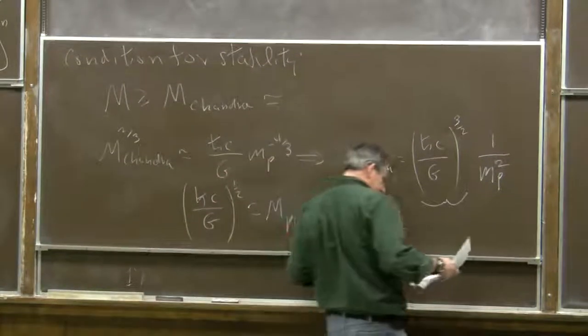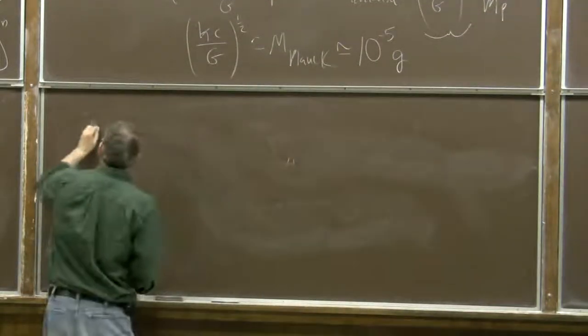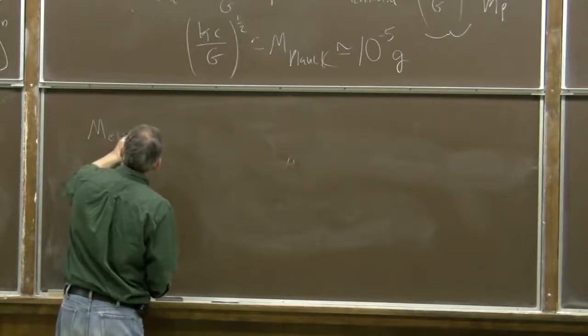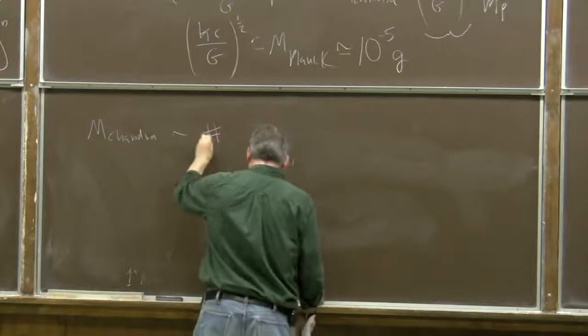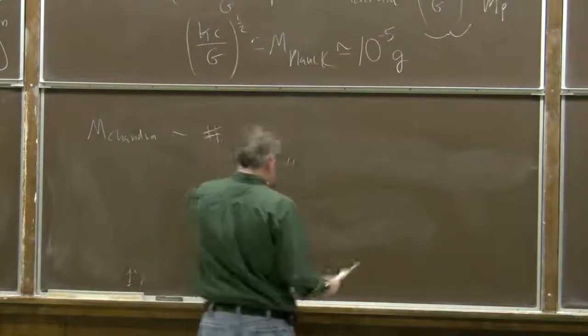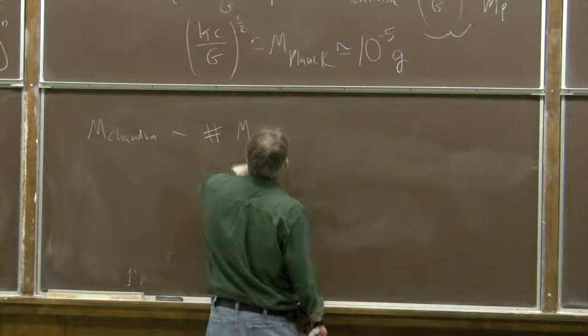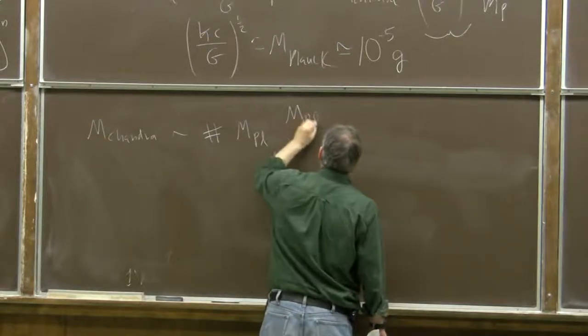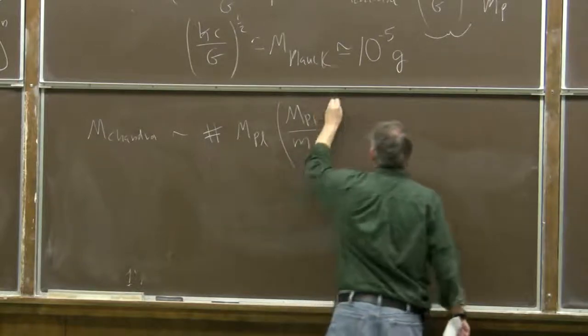So for the Chandra mass, there's some number which we haven't been careful enough to compute, but Chandrasekhar was that careful. And we have the Planck mass, and then the ratio of the Planck mass to the proton mass, squared.